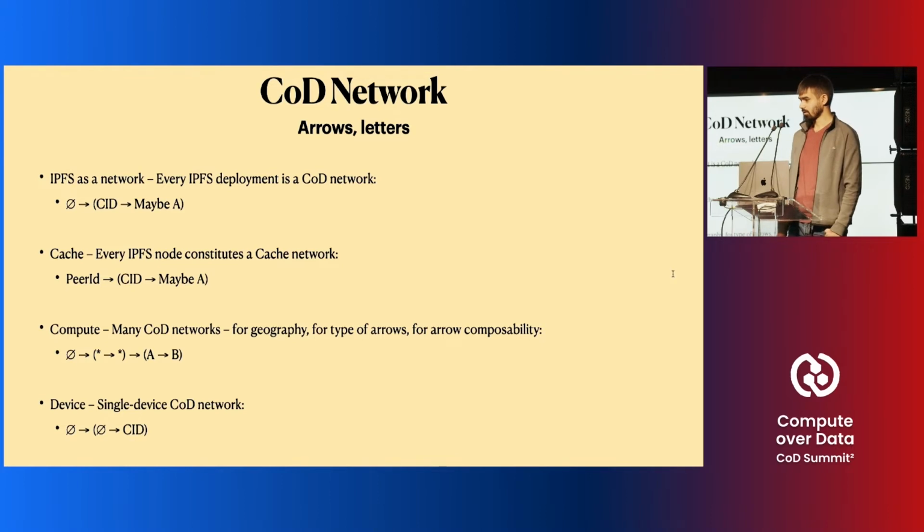Now let's speak about compute over data networks, also with arrows and ladders. If we think about IPFS as a network as a whole, then every IPFS deployment constitutes a compute over data network. And compute here at least is getting from CID to files. And the notation could be something like a function from CID to maybe data, if it exists, if we can find it.